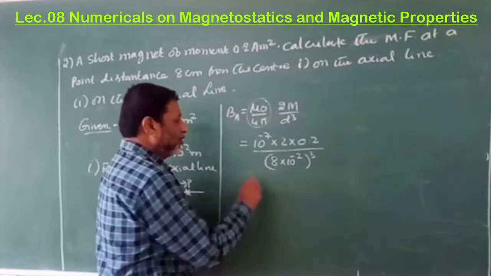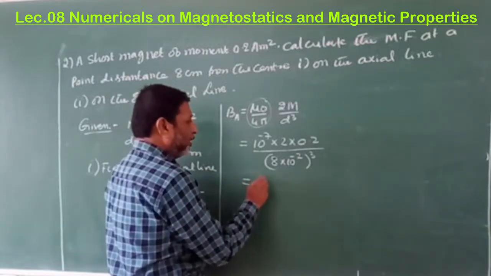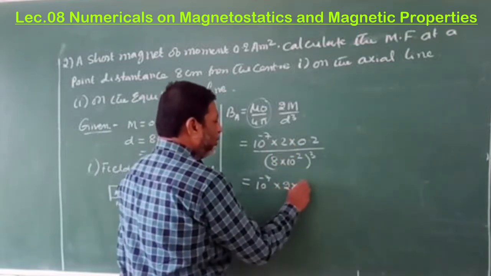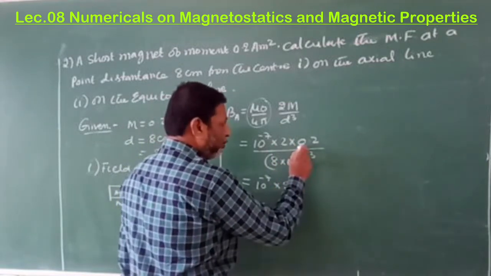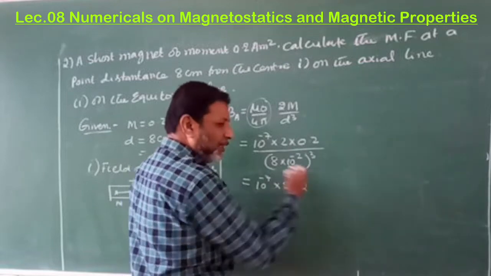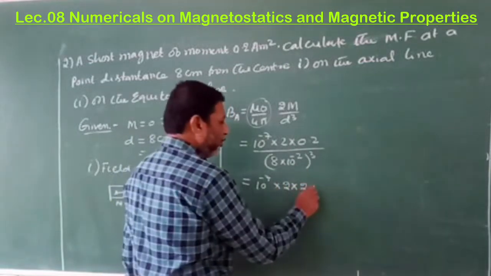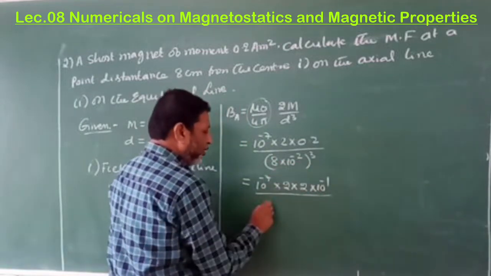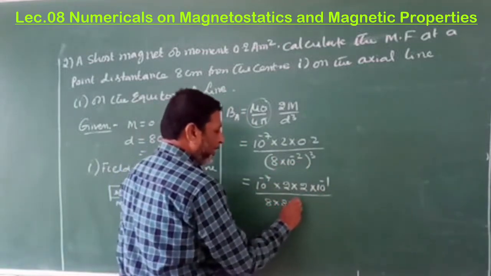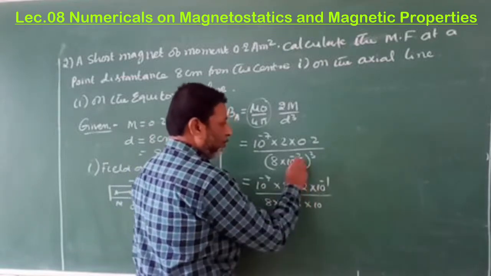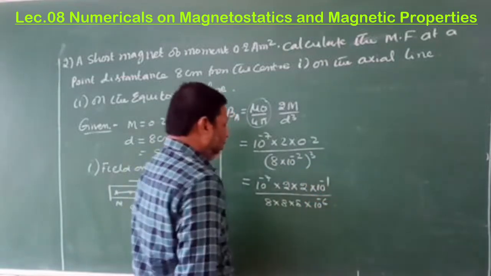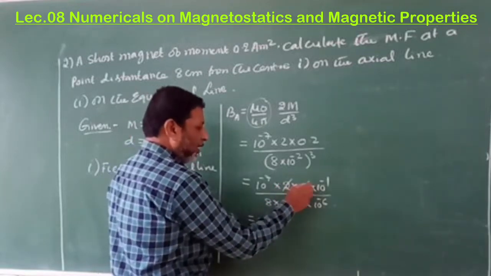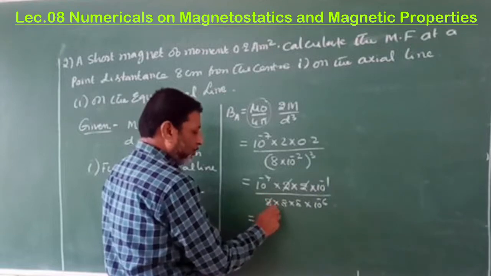You get it here. Now this is 10 to the power of minus 7 into 2 into 0.2, which for convenience can be written as 2 into 10 raised to minus 1, divided by 8 cube, means 8 into 8 into 8 into 10 raised to minus 6. Now this is equal to, 2 by 4 gives 2 here.